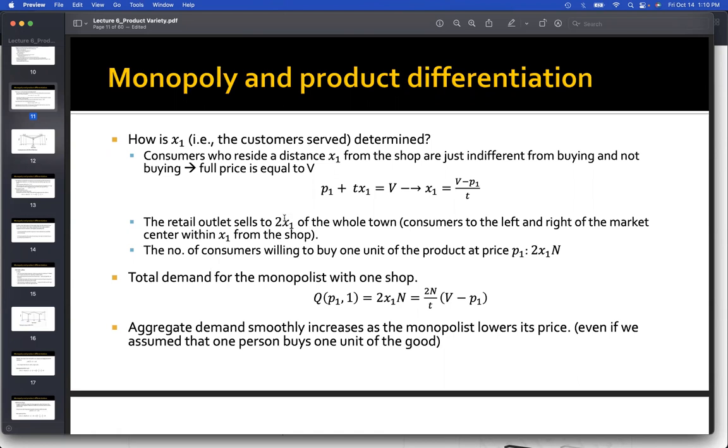The indifference condition will also give you demand, because like we said, the people who will buy are on two sides of the location of the store. Consumers on the left and the right hand of the market. The number of consumers willing to buy 1 unit of the product at price P is 2 times X, which is two sides of the X because it's symmetric, times N. Because remember, consumers are uniformly distributed.